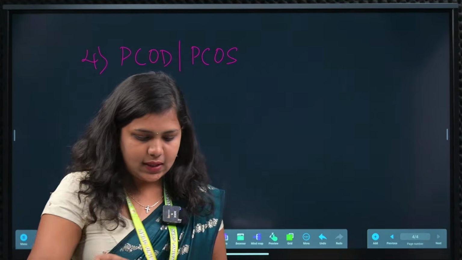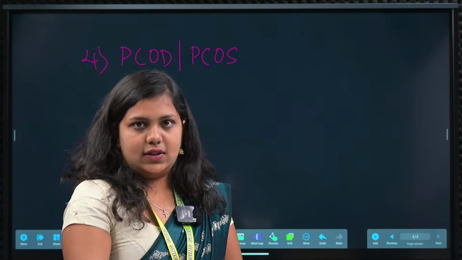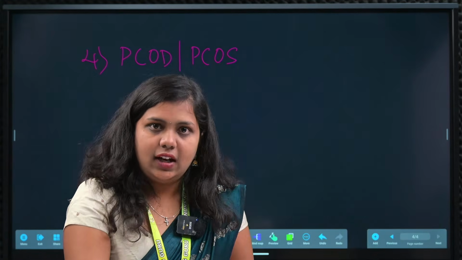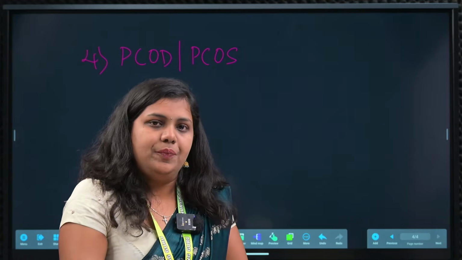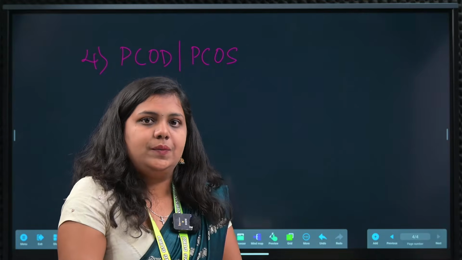The next thing is polycystic ovarian syndrome or polycystic ovarian disorder. This is what most women are facing now, PCOD. Women will have complaints of menstrual irregularities, and there is a cyst in their ovaries.